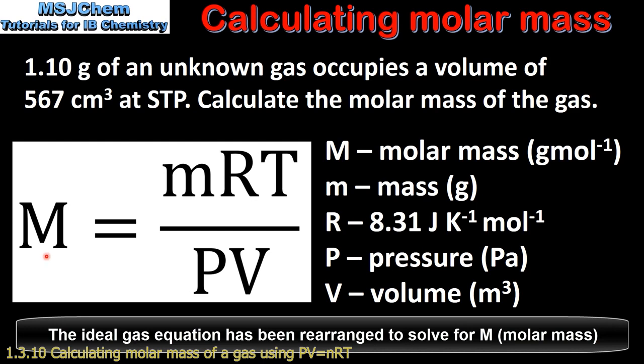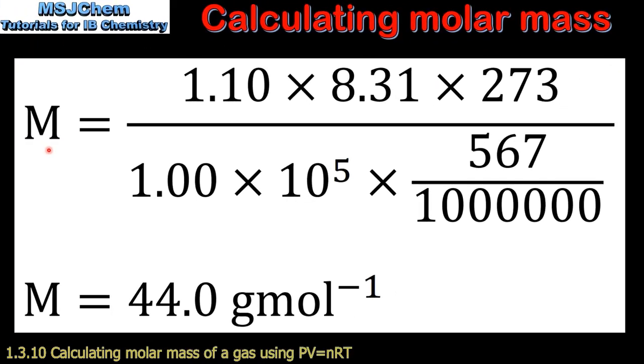To solve this, we'll use the equation molar mass equals mRT divided by PV. M is molar mass in grams per mole, small m is mass in grams, R is the universal gas constant, P is the pressure in pascals, and V is the volume in meters cubed. So here we have the same equation with the values substituted in.